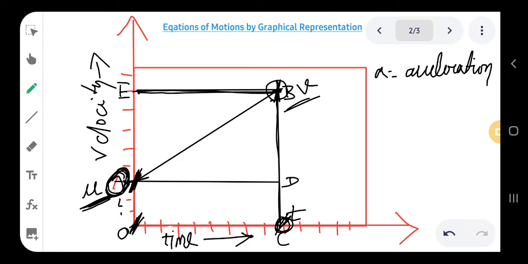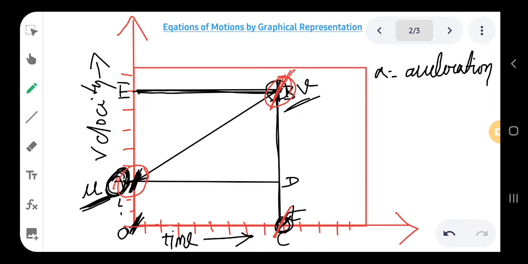Then the final velocity is represented by BC. From this point to this point is our final velocity. So this is our initial velocity, this is our final velocity.